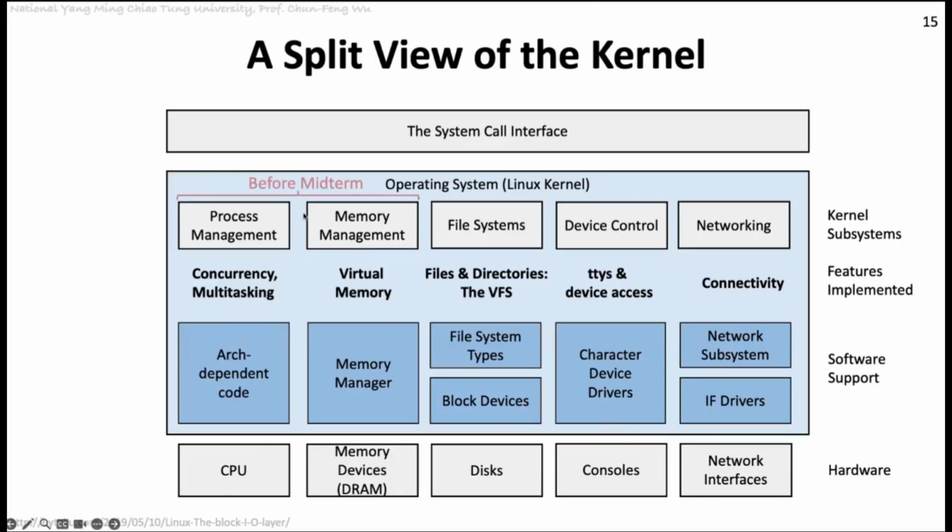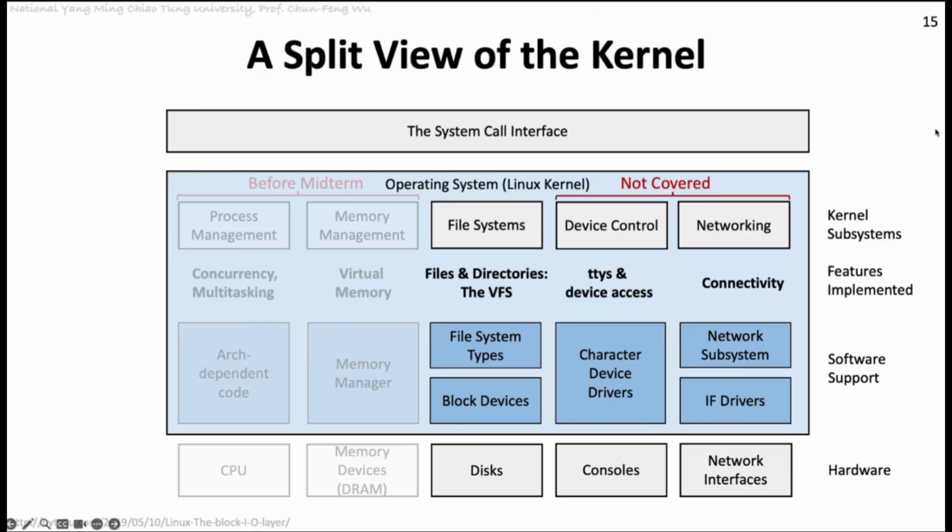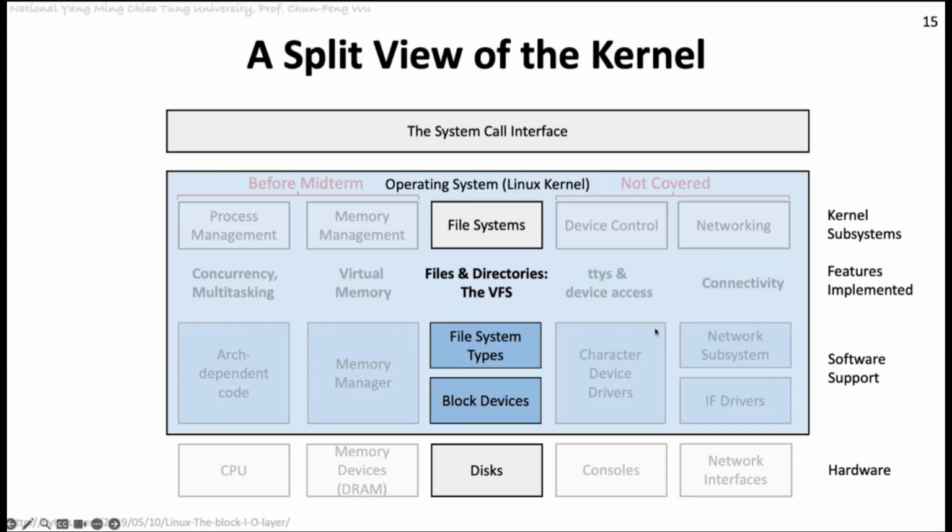All of this is before the midterm. We have not covered how to write device drivers or networking. For lecture 4 and lecture 5, what we will cover is from the disk to the block device, and then to the file system part. We'll cover this whole path.